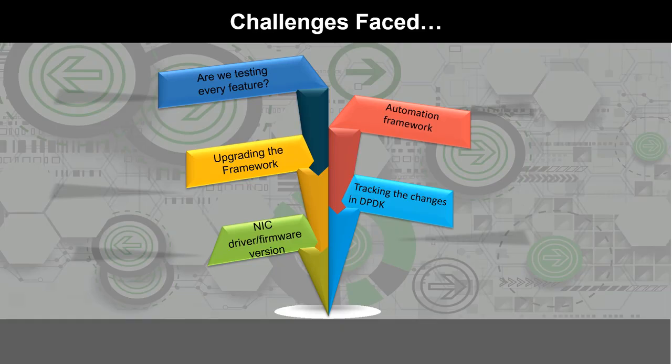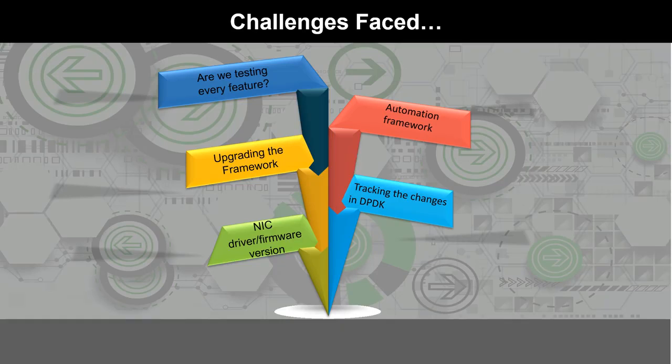Coming back to the automation framework, this automation framework has to be upgraded frequently. One upgrade happens whenever there is a new NIC introduced, and the new NIC will have different speed capability, and we need to accommodate that in our existing framework. And DPDK changes.